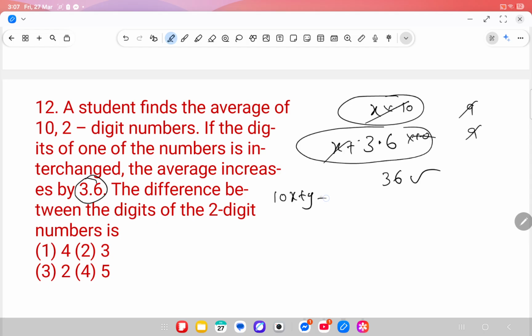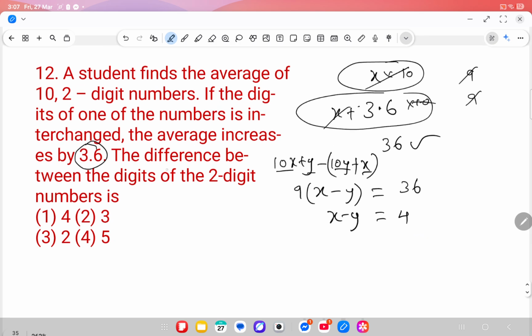If the digits are interchanged, it will be 10y plus x, with minus, it should be in this form. Now 10x minus x, 9x, y minus 10y, 9y, means 9 is common. If you remove that, x minus y is equal to 36. Then x minus y is equal to 36 by 9, 4. Hope you understood this. So the difference between the digits is 4.